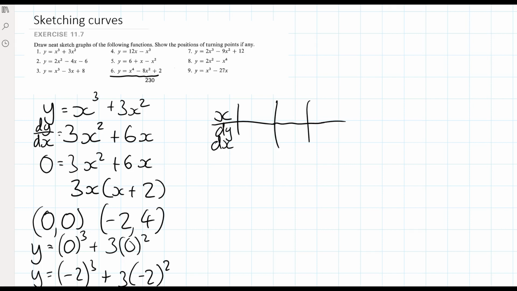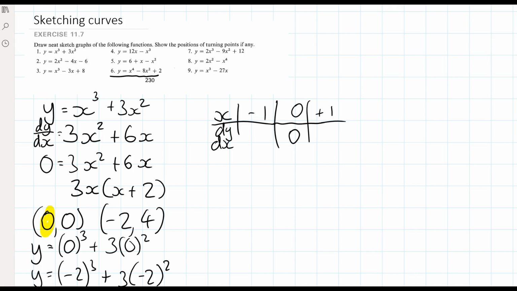Now the value I'm picking, first of all, is 0 from my x value, and that goes there. Then minus 1, because it's to the left of 0, and plus 1, because it's to the right of 0. So 0 has a 0 gradient.